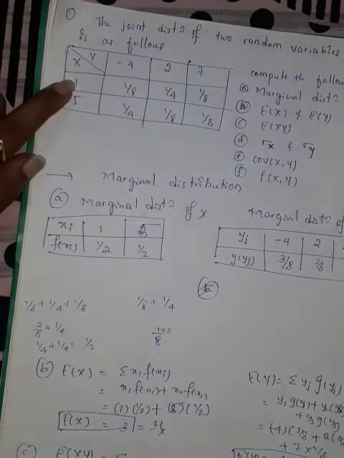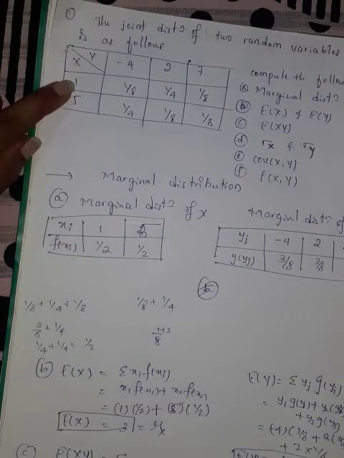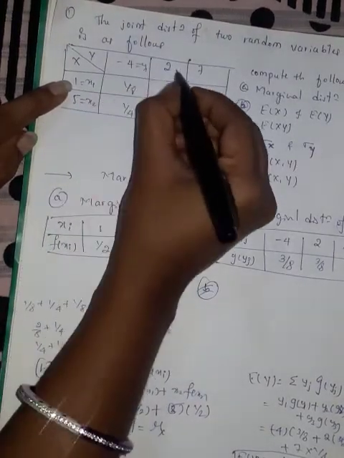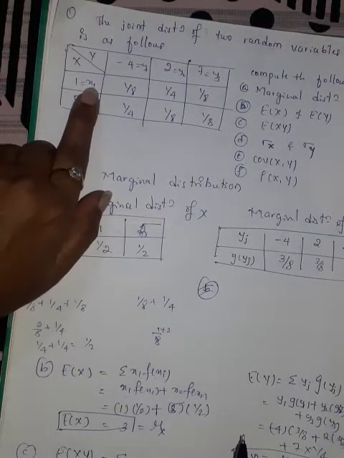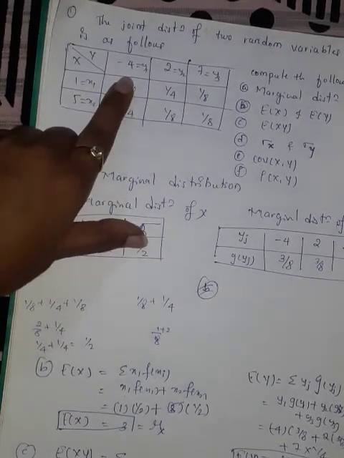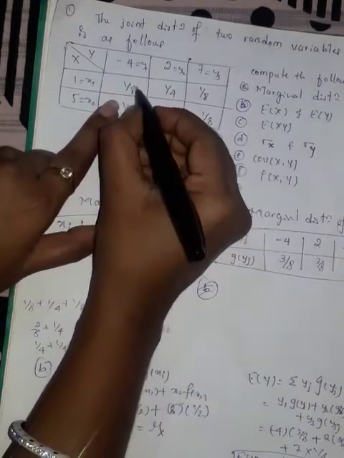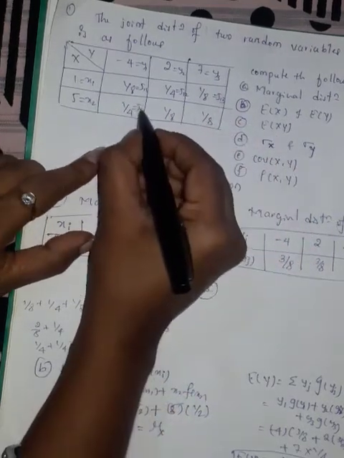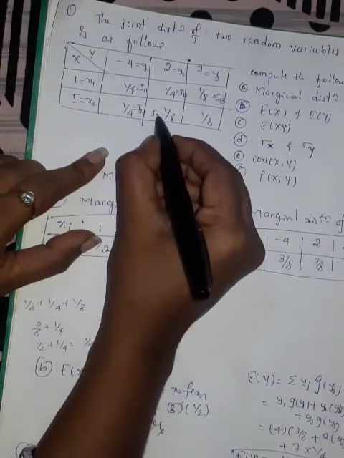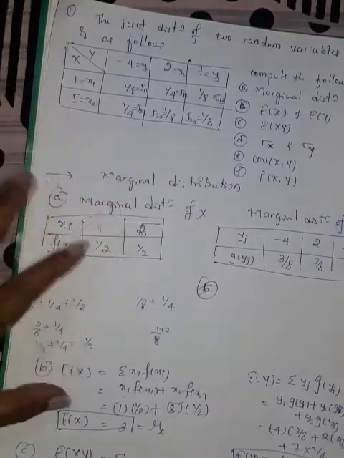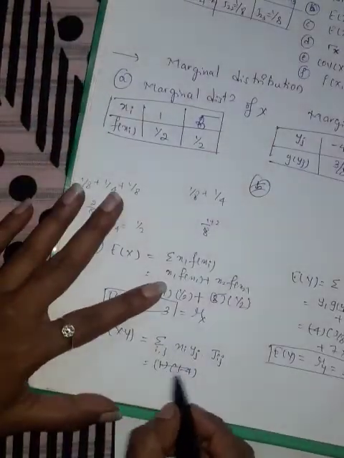So when x is equal to 1, that is x1 (this is our x1 and this is our x2, this is our y1, y2, y3), then x1 into y1 is 1 into minus 4. This is our j11, j12, j13, and this is our j21, j22 and j23.